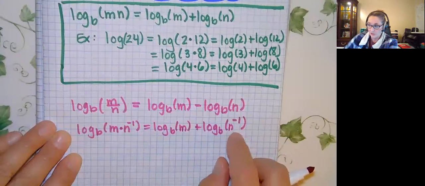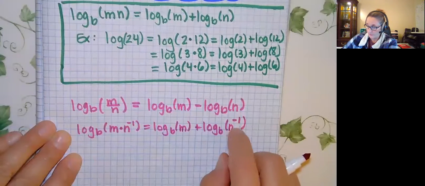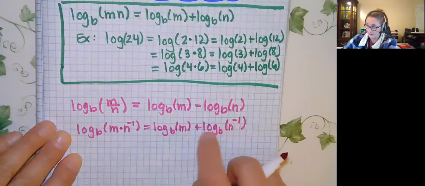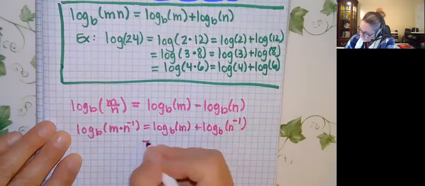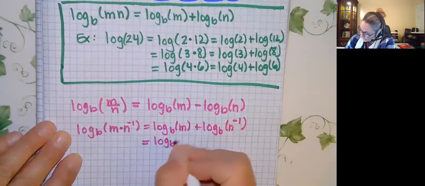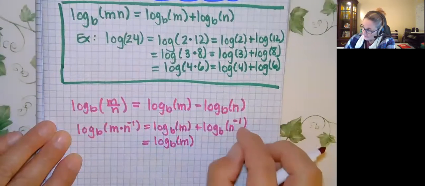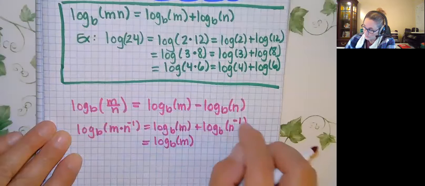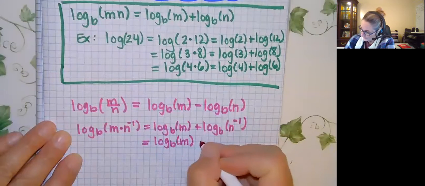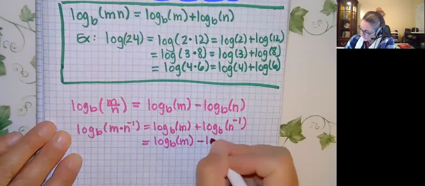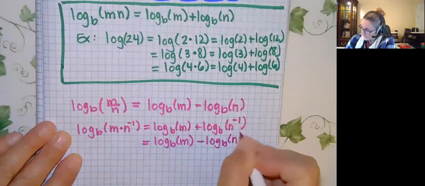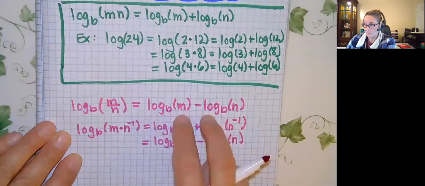Now, what we're going to learn in the next property is if you have log of something to a power, the power gets moved in front. So this becomes log base b of m. And then this negative 1, the exponent's going to move in front. And so I end up with plus a negative, or just minus log base b of n. And that's where that comes from.